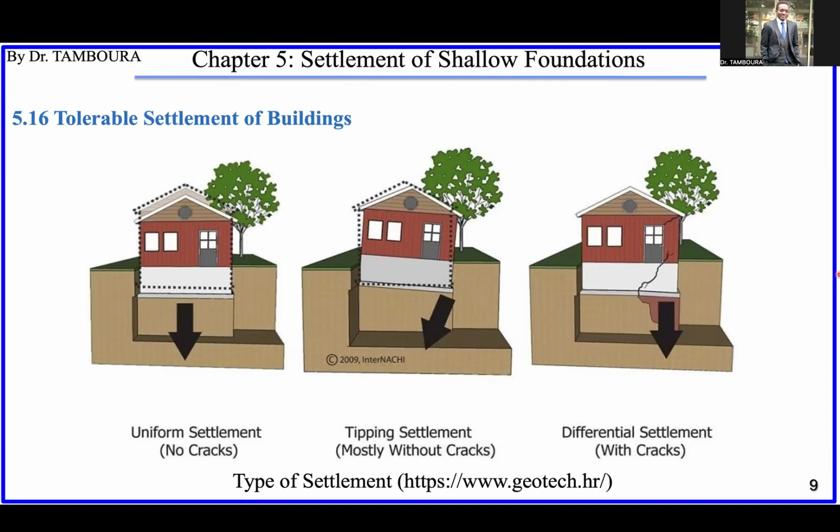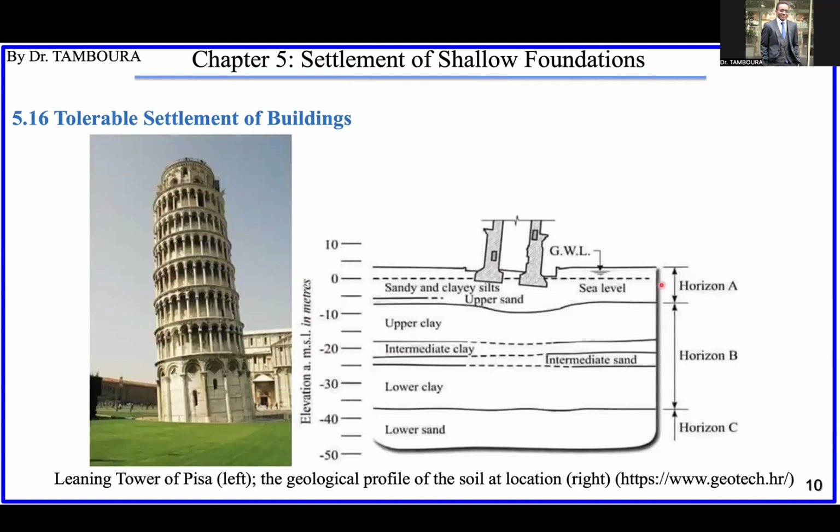But you have this last one, very specific case, where the settlement is really different when you compare one footing or one side to another. The amount of settlement is different. For example, this side is not settling at all, while this one is experiencing excessive settlement. So in this case, you will have this kind of cracks. Okay, building will be damaged.